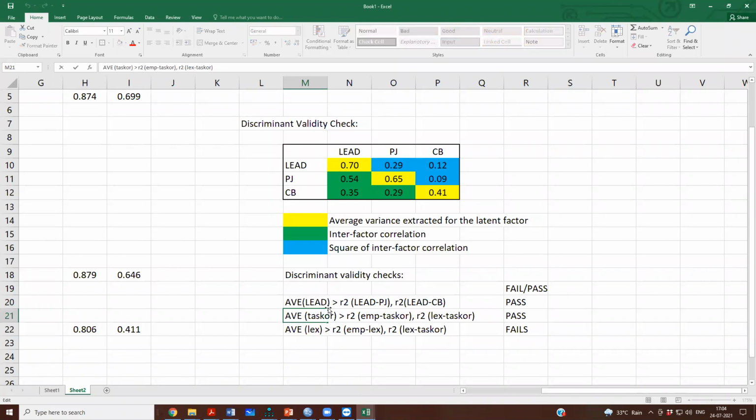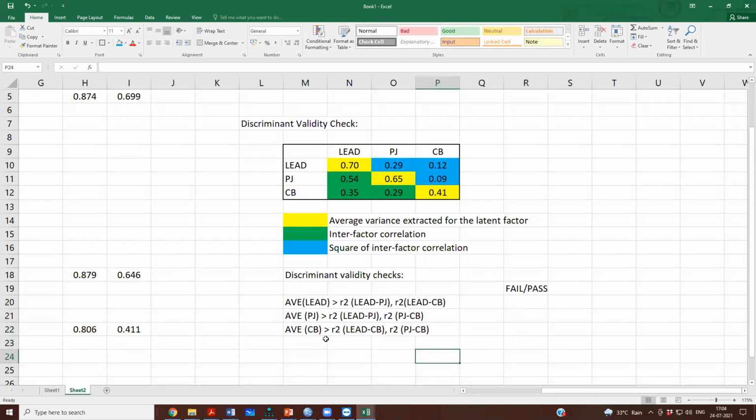Then you will have AVE of PJ should be greater than R square of lead with PJ and R square of PJ with CB. Then you have AVE of CB greater than R square of lead with CB and PJ with CB, right? So let us check whether these conditions pass or fail.